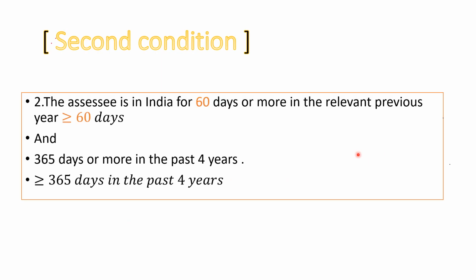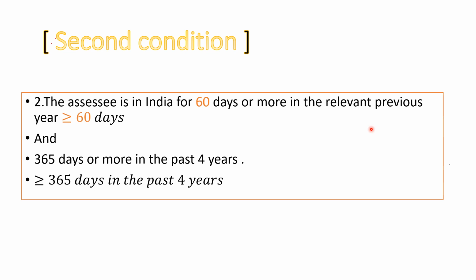The second condition says that the assessee is in India for a minimum of 60 days or more in the relevant previous year, the year in which we are assessing the income.